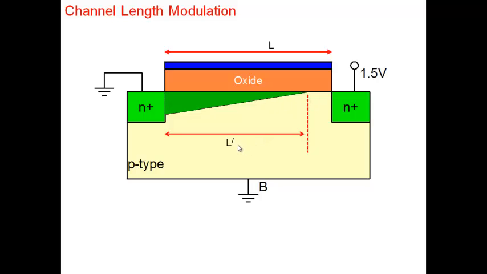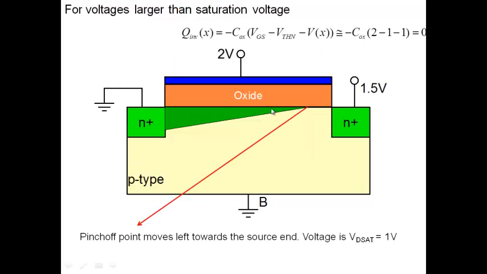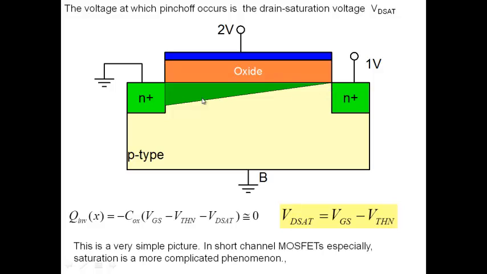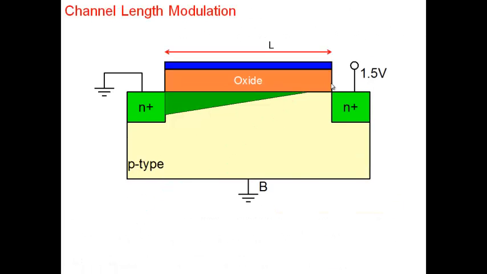That's L dash. Now, the only difference, as I go back here, is that the inversion charge starts from source and becomes 0 at a distance equal to L. Now, inversion charge starts from here and becomes 0, not at L here, but at L dash. So this is my channel.